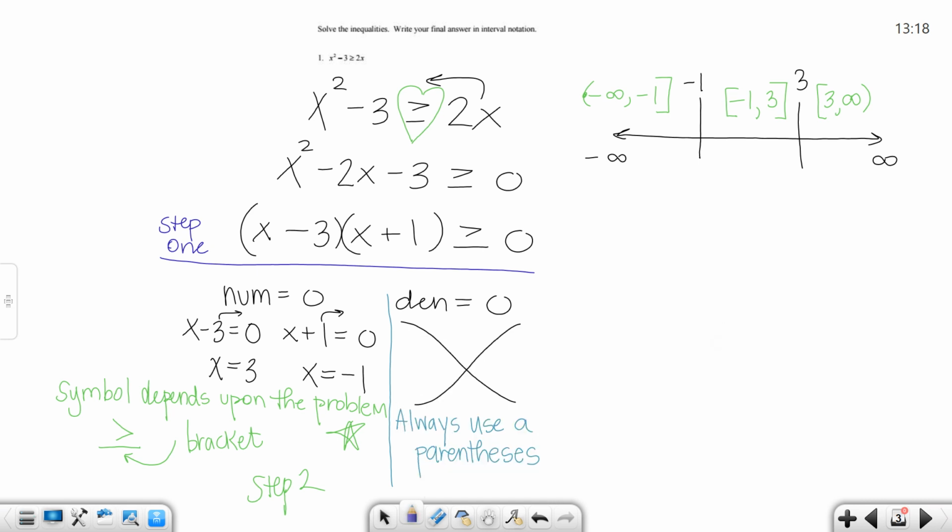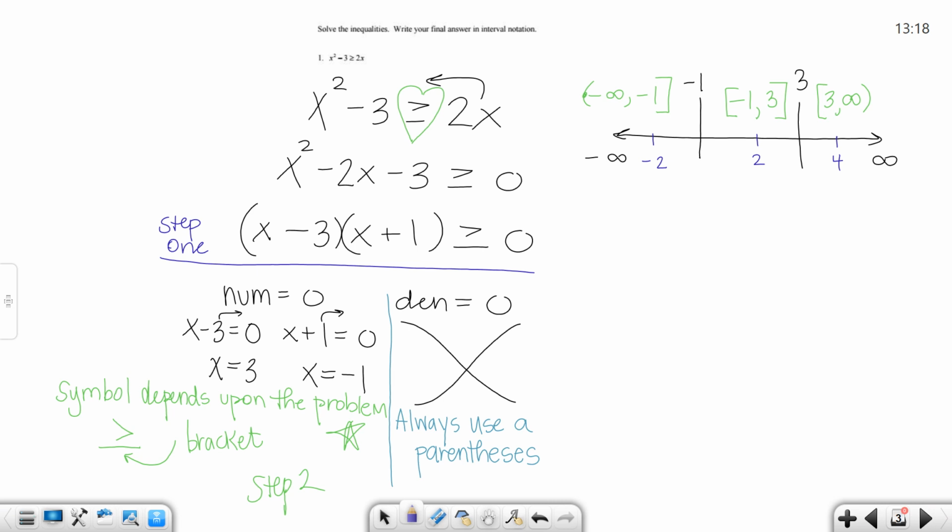Step 4 says, choose a number from each interval. Okay, so a number out here that I could choose would be -2. A number in here I could choose would be +2. And a number over here I could choose is 4. Any number in that interval would work. Lastly, you're going to construct a true-false chart.